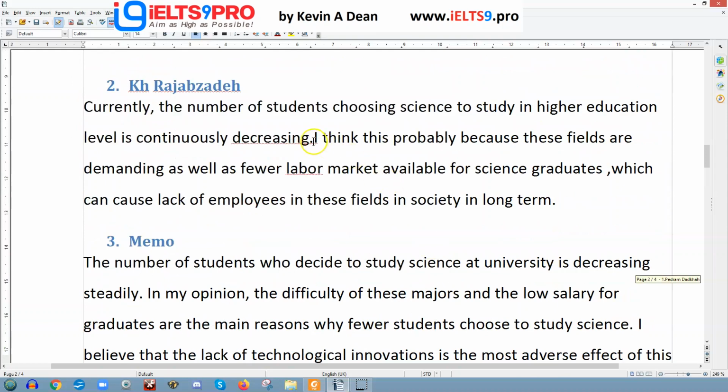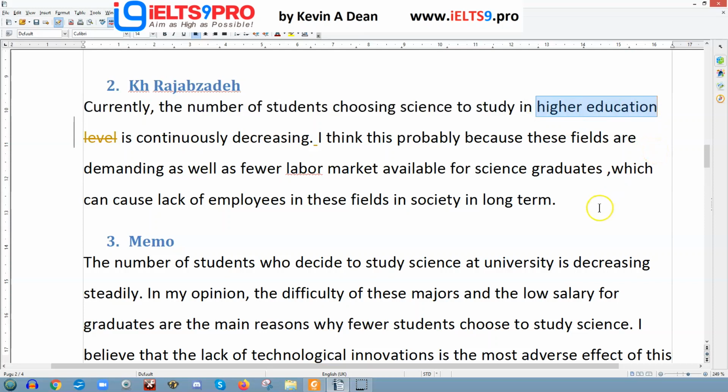Currently, the number of students choosing science to study in higher education, in higher or at? Right, at the level of, or simply in higher education. You can see how that is good as a paraphrase for university. It's continuously, which is not the same as constantly. Continuously, find a dictionary. Continuously is not constantly decreasing.